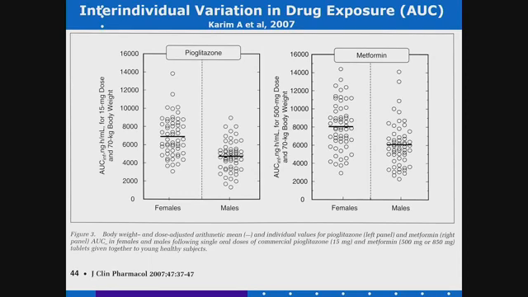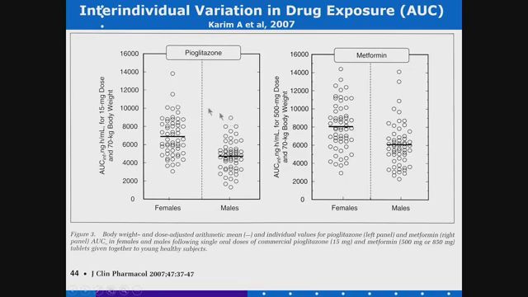And this is an AUC, area under the curve, that has been normalized to a 15 milligram dose of pioglitazone and a 500 milligram dose of metformin, and also normalized to 70 kilograms of body weight for a human patient.